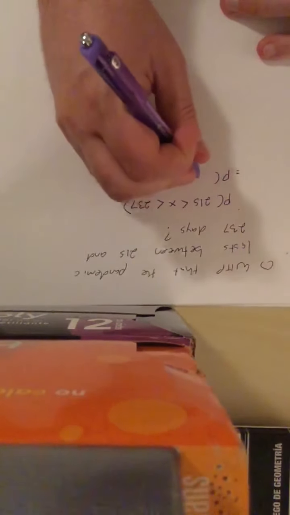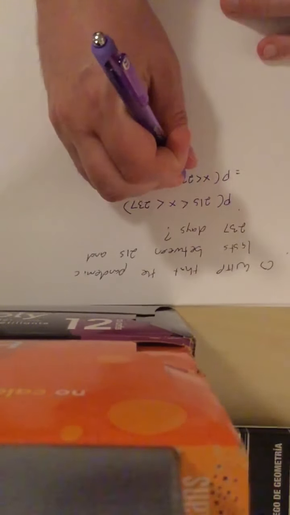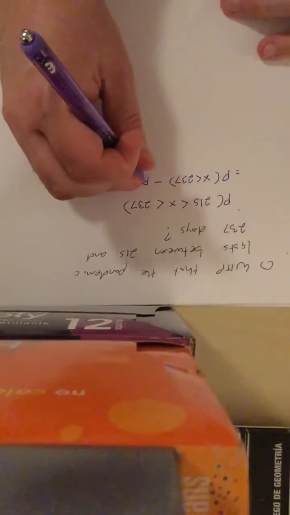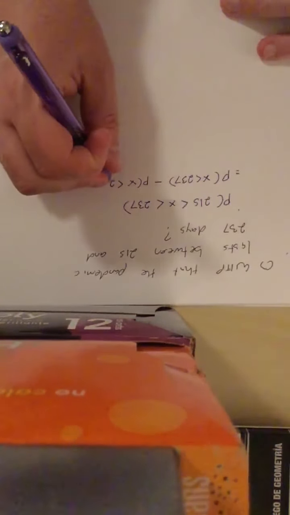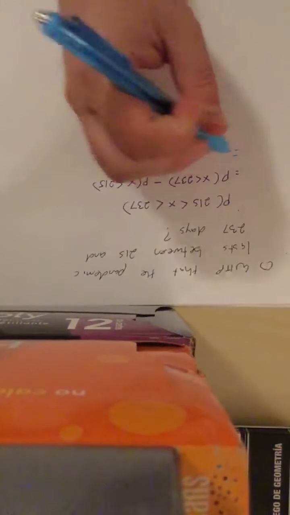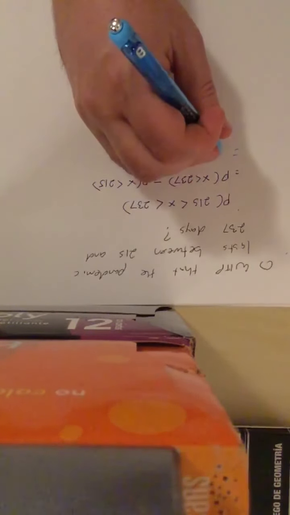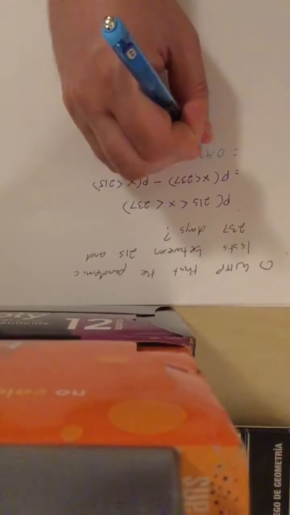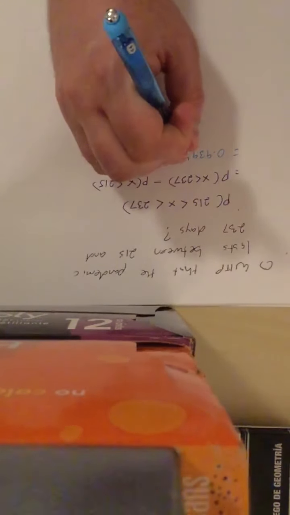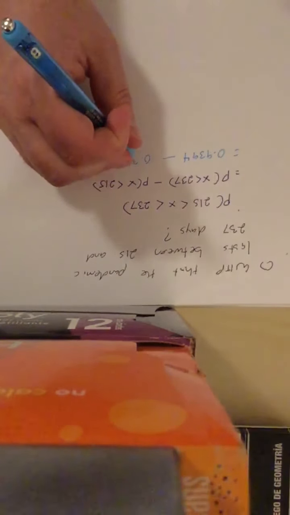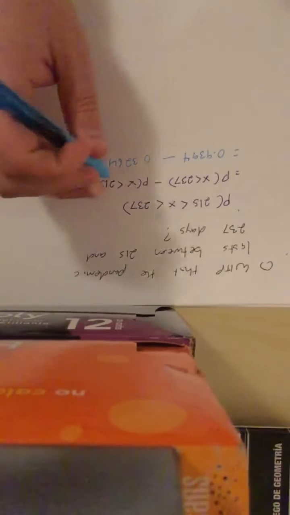So this is going to be the probability that x is less than 237 minus the probability that x is less than 215. And from part B, I remember that the probability of it being less than 237 is 0.9394. And the probability of it being less than 215 is 0.3264.